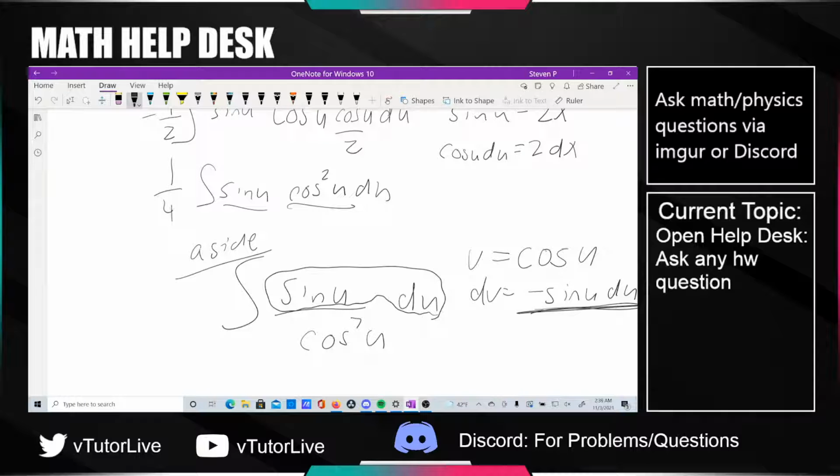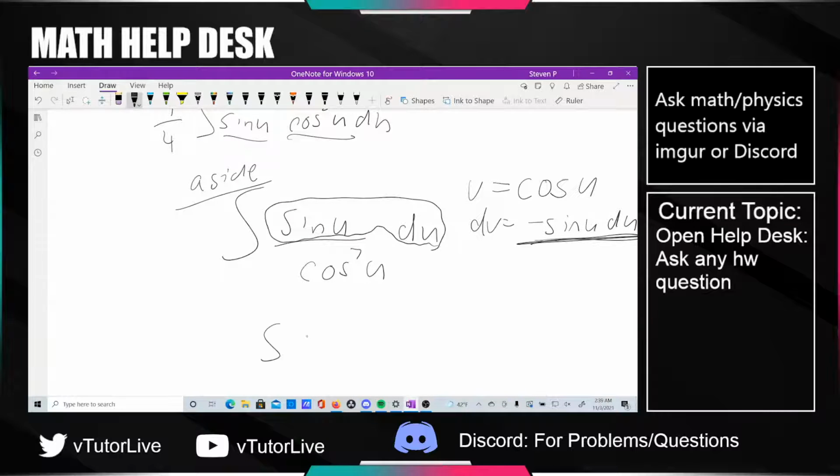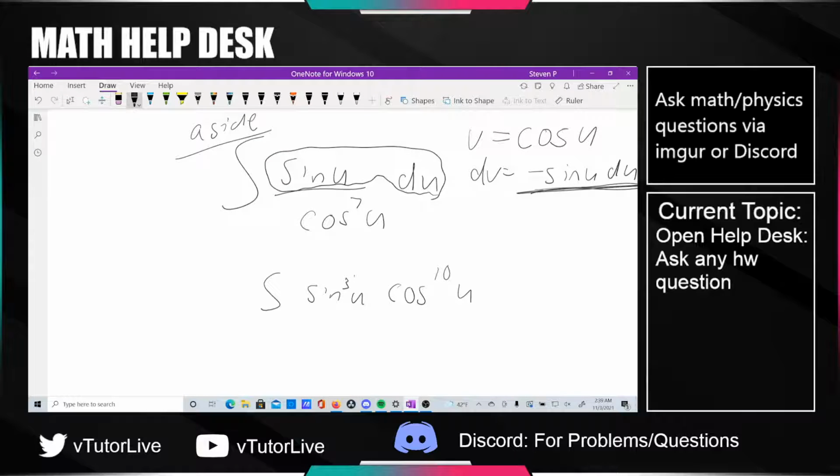The other thing I wanted to mention is if you see a sine cubed and then cosine to some nasty power, like to the 10th, the way that you do this is you break it up. 3 is actually a really nice number. You break out one sine of u, and then the sine squared turns into 1 minus cosine squared.